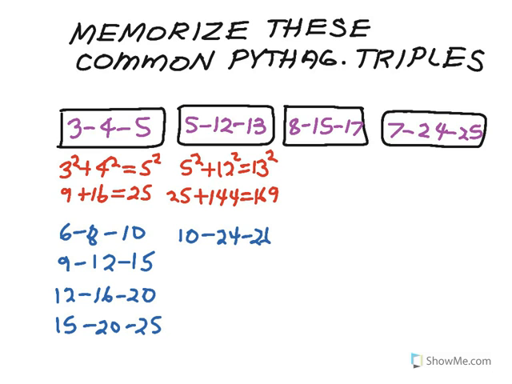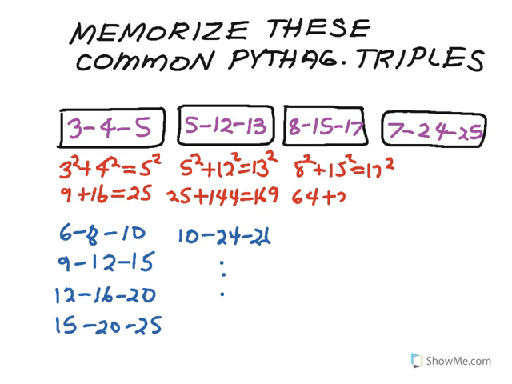and so on. Okay, the next one is an 8, 15, 17 Pythagorean triple. So if I'm going to prove that to you, 8 squared plus 15 squared equals 17 squared. This would be 64 plus 15 squared is 225.